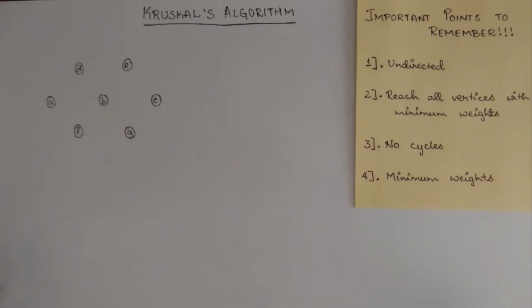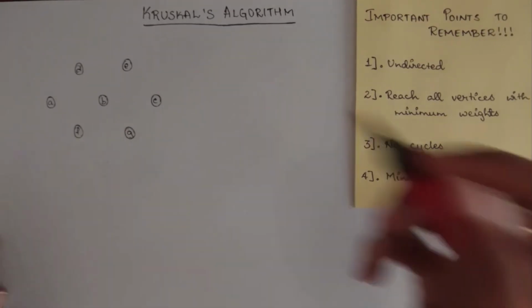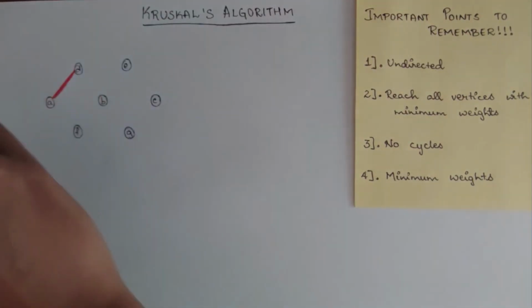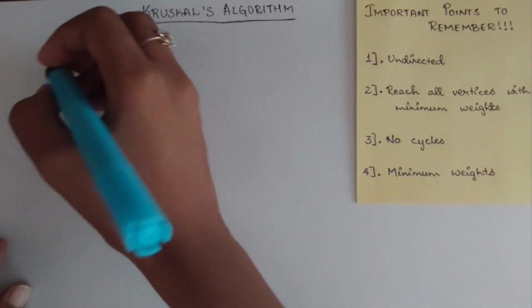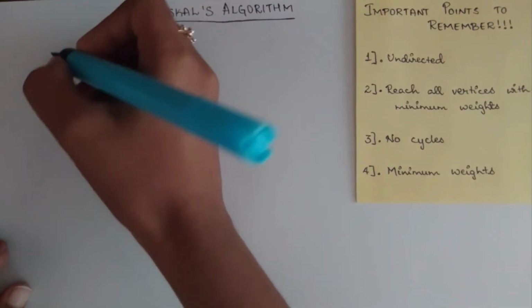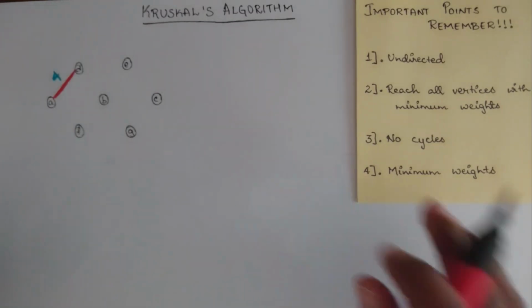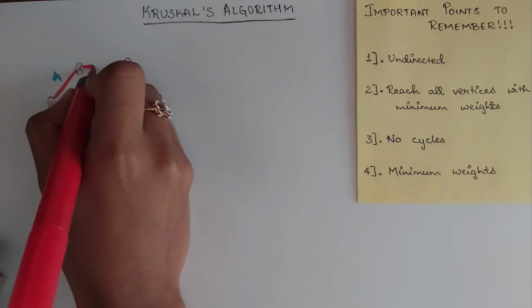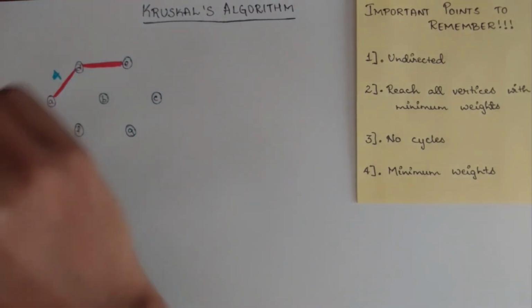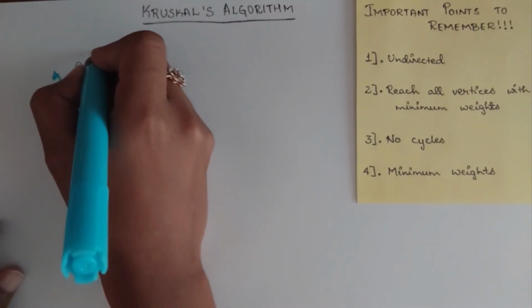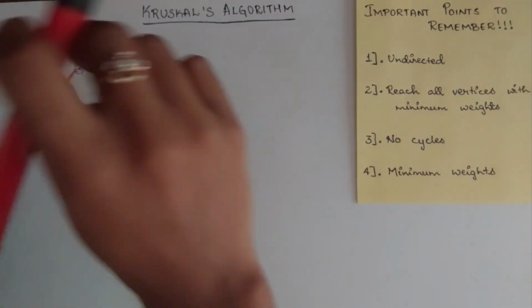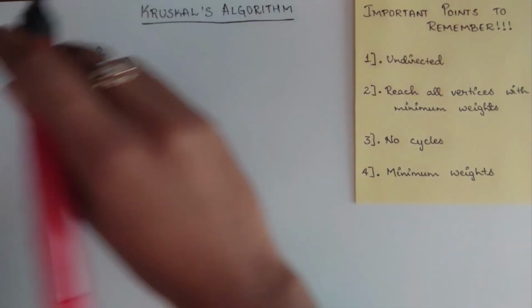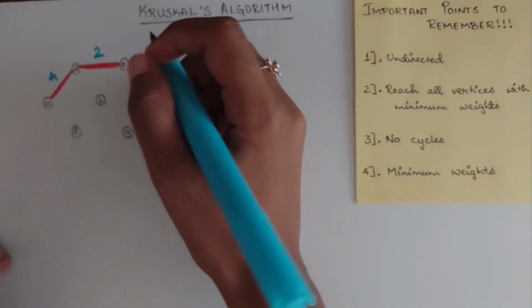The edge between A and D has a weight of 4. The edge between D and E has the weight of 2. The edge between E and C has the weight of 10.